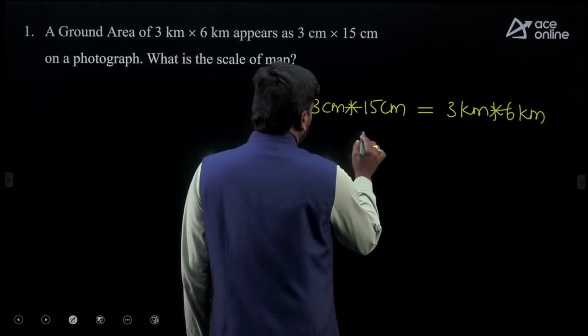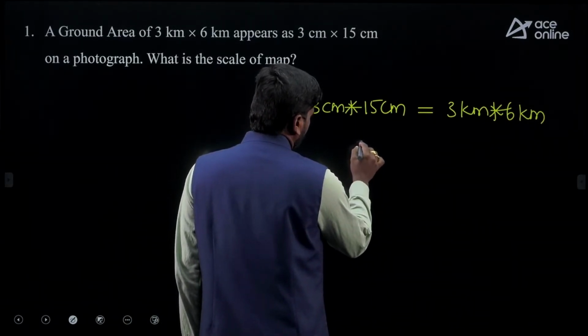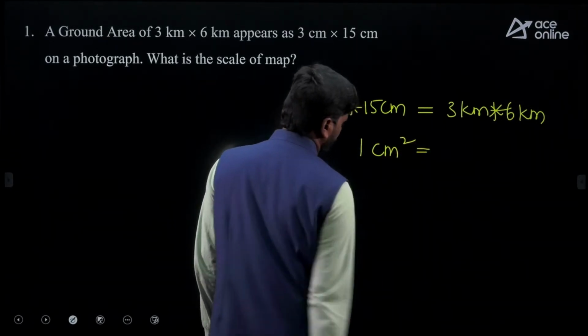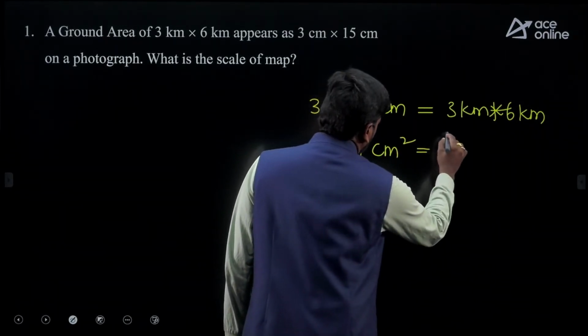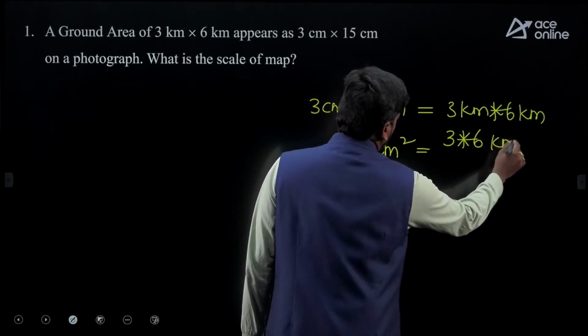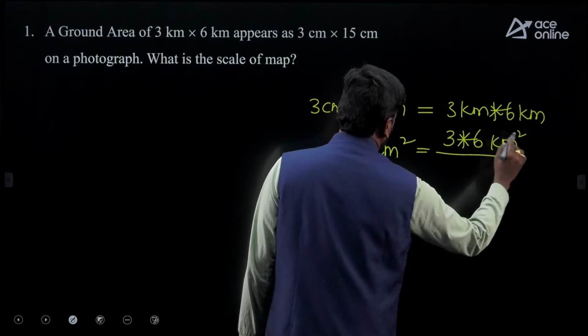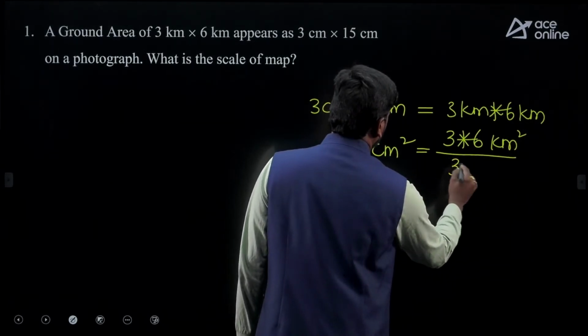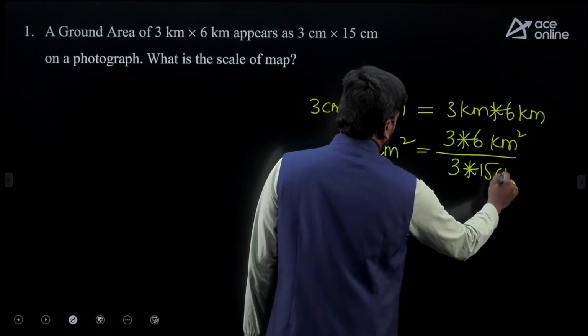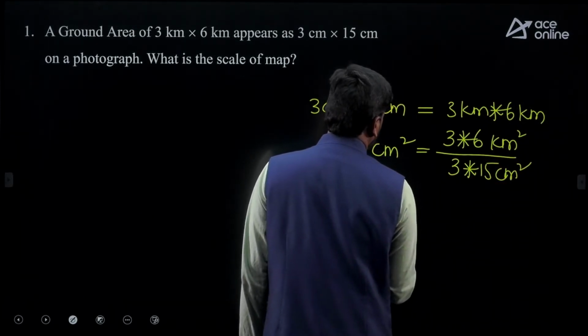So if we calculate for 1 centimeter square, we can write it as 3 by 6 kilometer square divided by 3 by 15 centimeter square, right.